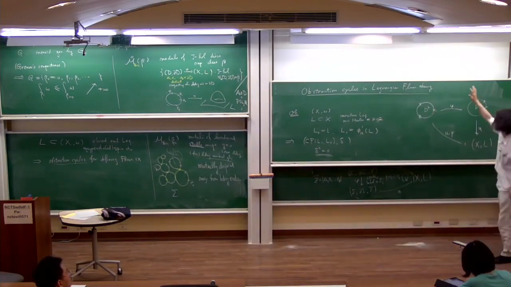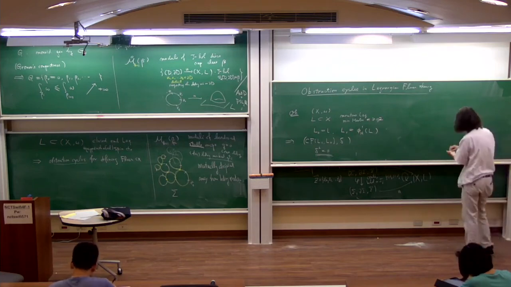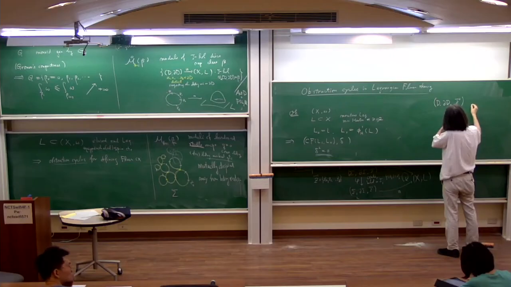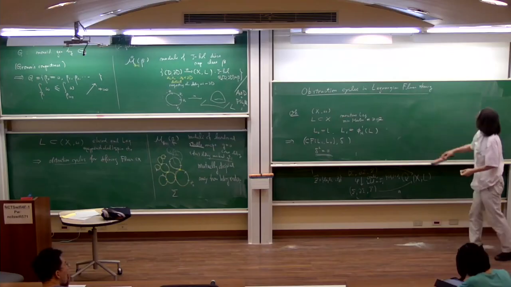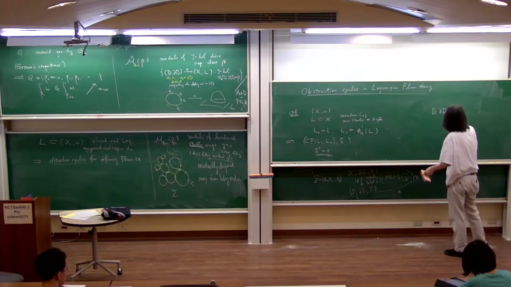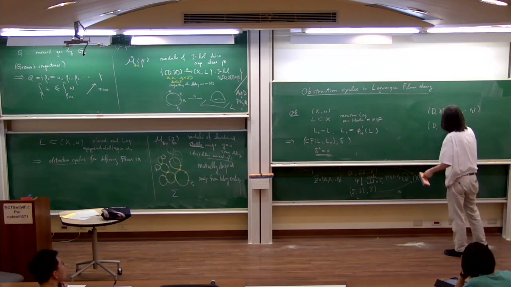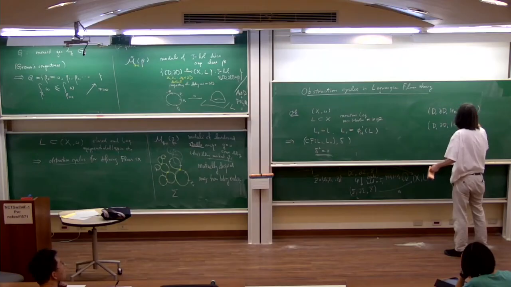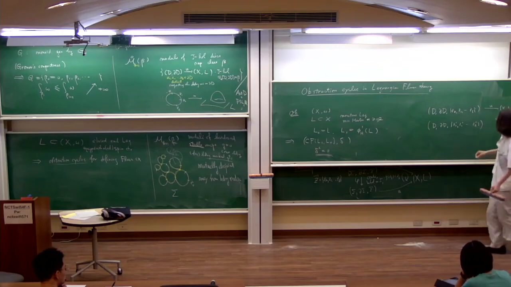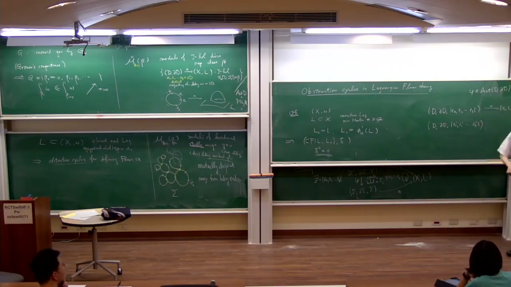So maybe I can just say this. Here is the disk D with z_0, z_1, ..., z_k, and here you have another one, D with z_0 prime, z_1 prime, ..., z_k prime, and a map U. Then you take an automorphism of the disk; the boundary should be preserved.